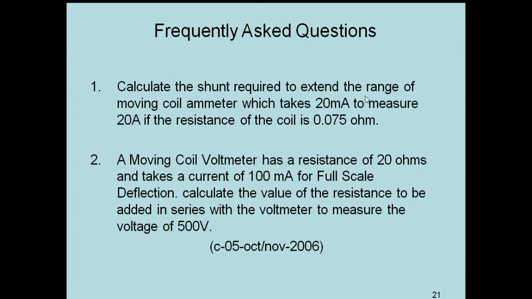Okay, so if it is shunt, directly write Rsh equal to, so in that formula you substitute Rm, 0.075 ohms, Rm by (m minus 1). What is m? 20 by 20 milli, so it will be 1000 minus 1.